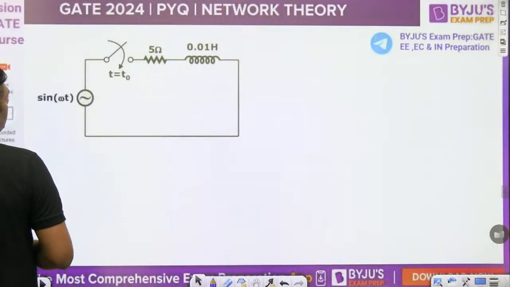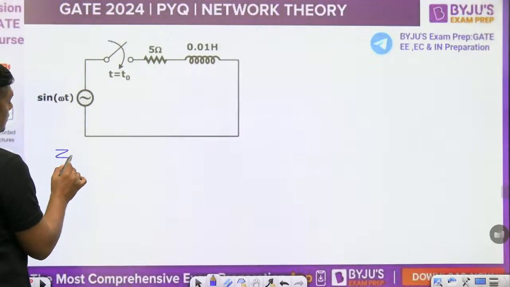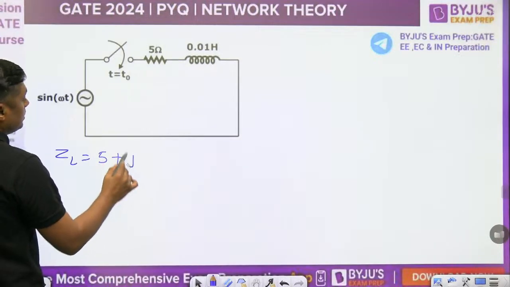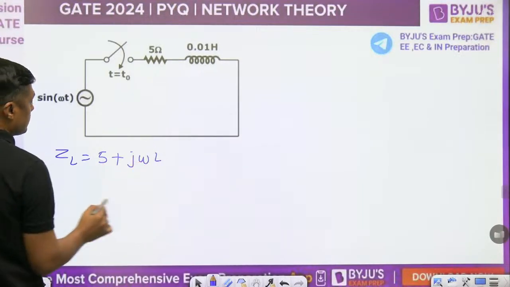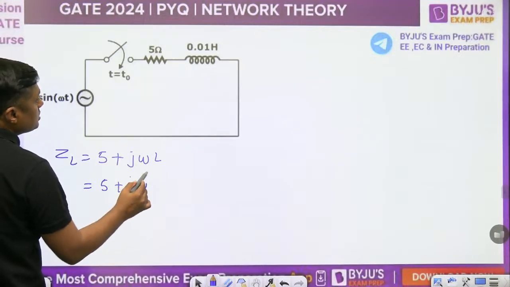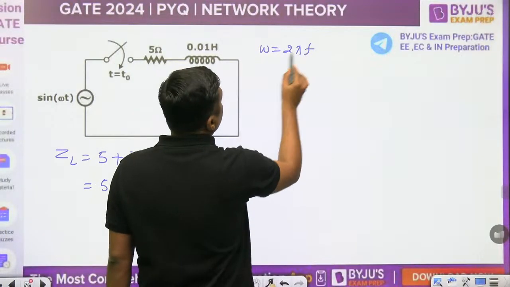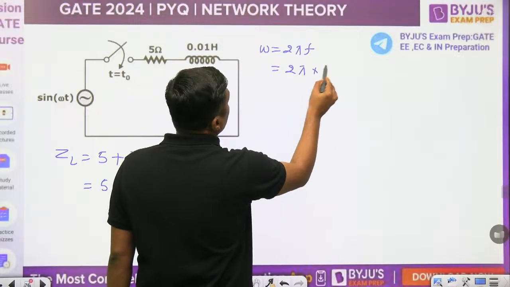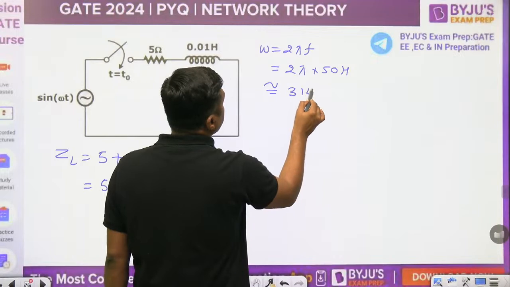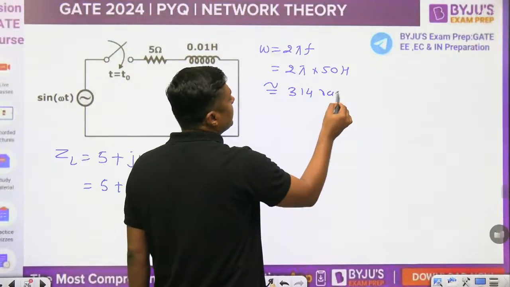Now, first of all, this is ZL. What is the impedance here? 5 ohm plus j omega L. What is the omega here? 2 pi f. 2 pi into what? 50 hertz. It is nearly equal to 314, because pi we are taking 3.14, that has become 314 radian per second.